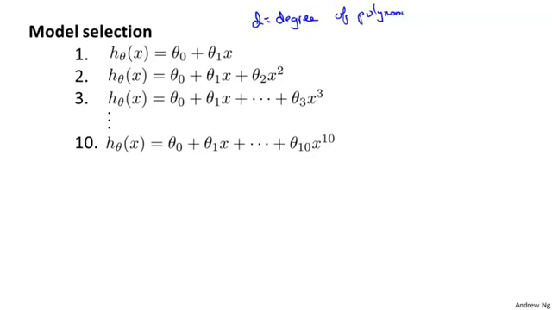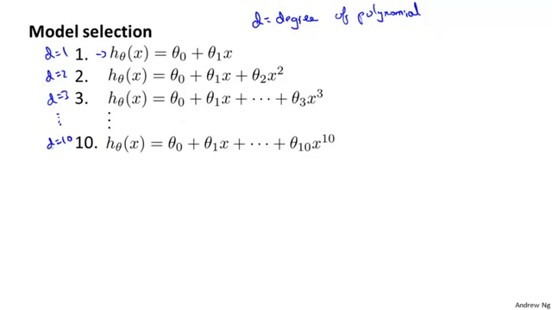So it's as if, in addition to the theta parameters, there's one more parameter D that you're trying to determine using your data set. So the first option is D equals 1, if you fit a linear function. You can choose D equals 2, D equals 3, all the way up to D equals 10. So we'd like to fit this extra parameter, which I'm denoting by D.